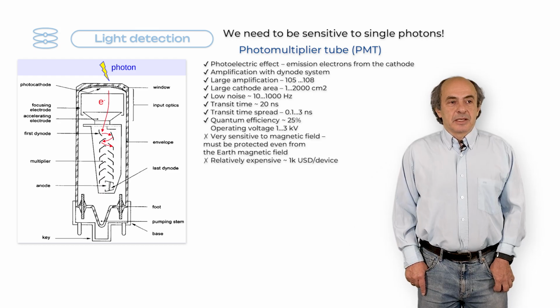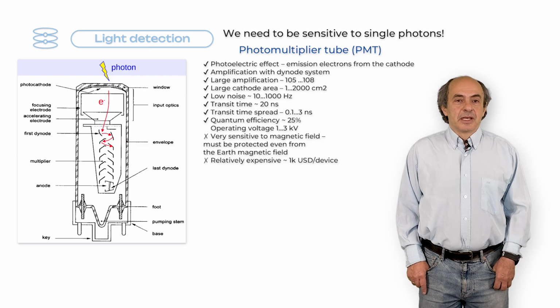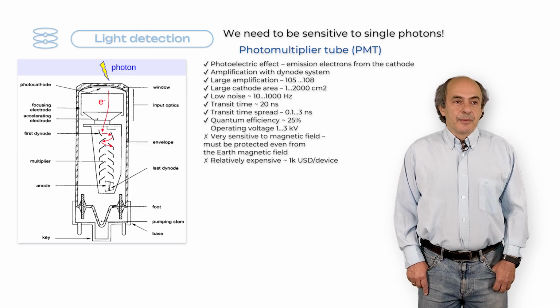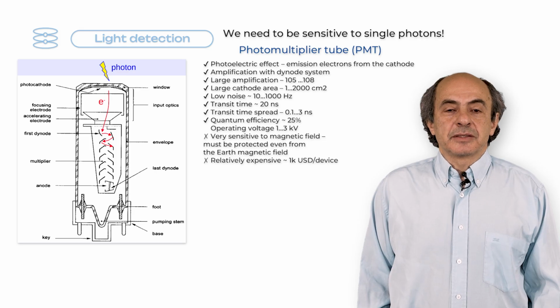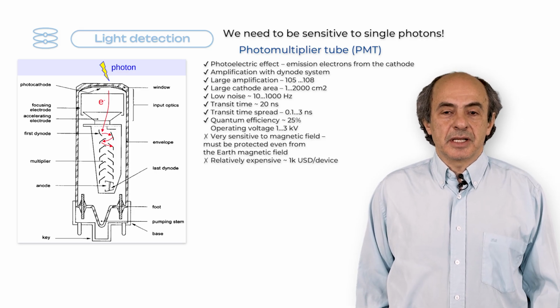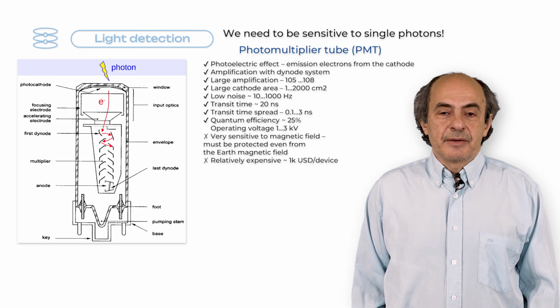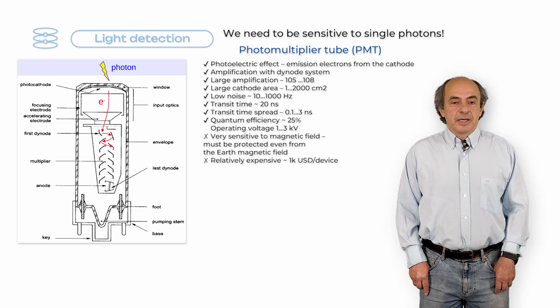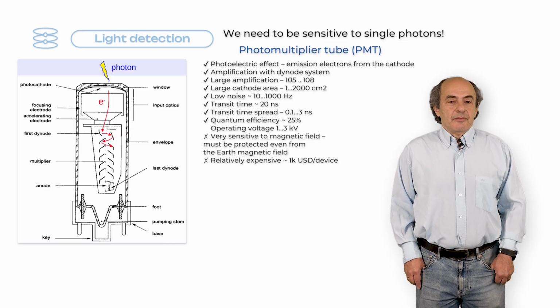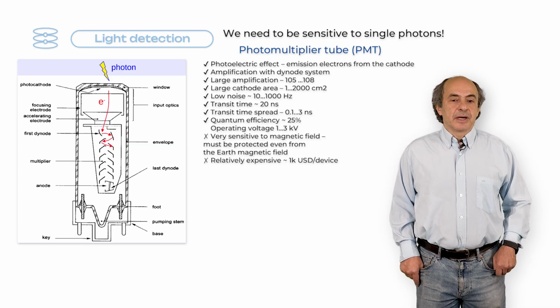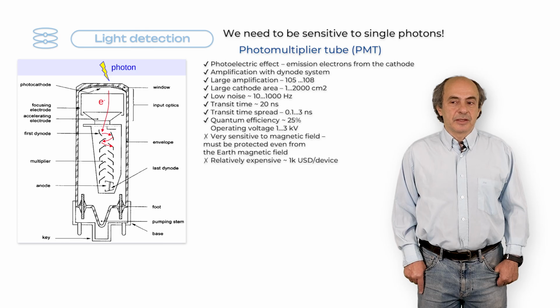It hits this dynode with energy of about 100 eV, and this energy is enough to knock out several more electrons, which are transferred by the static electric field to the next dynode, also accelerated. And then we have an avalanche. Typically, photomultiplier tubes have 8 to 12 dynodes, and we could have very large amplification, like 100 millions.